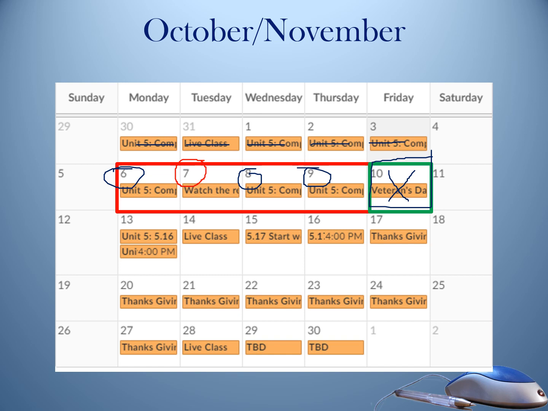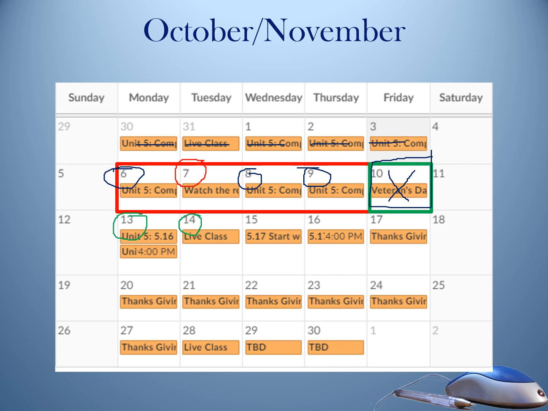Next week, the Unit 5.16 unit test is due on the 13th. On the 14th, I will have a live lesson, and we will go over how to complete assignment 517. And then you'll have 2 days to work on 517.